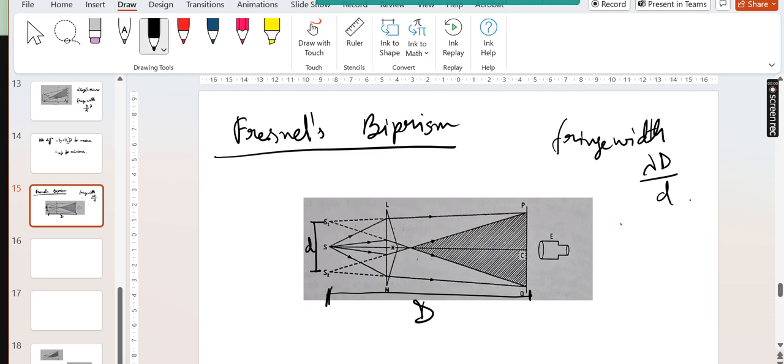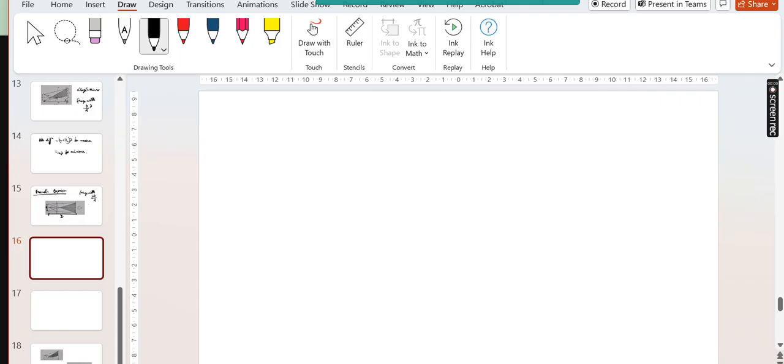By using this Fresnel's biprism, we can determine unknown wavelength, the acute angle of the biprism, and we can also determine the thickness of a material if we use the material in one of the paths.